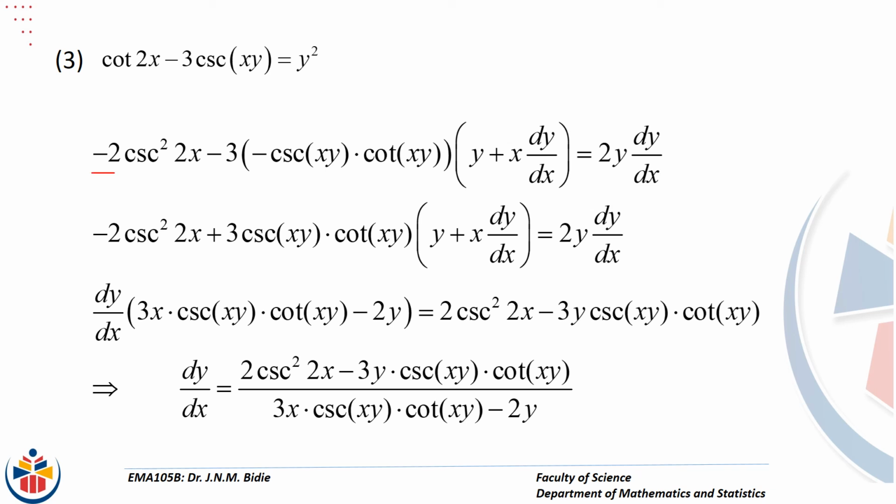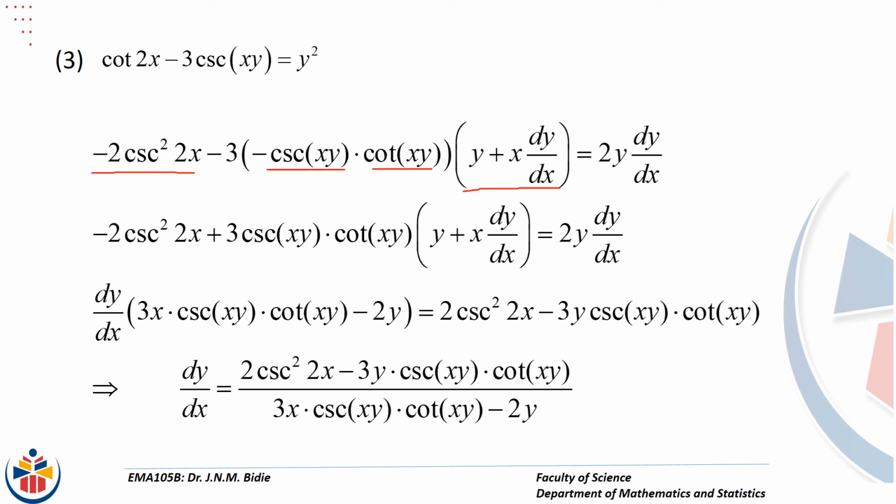That's why we wrote here negative 2 cosec squared 2x minus 3 into the derivative of cosec xy, which is negative cosec xy cot xy multiplied by the derivative of the argument, which is xy, and it gives us y plus x y prime, after using the product rule.